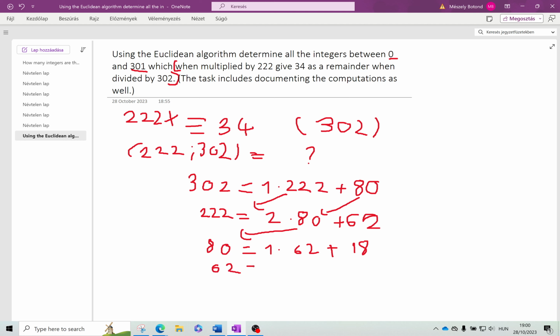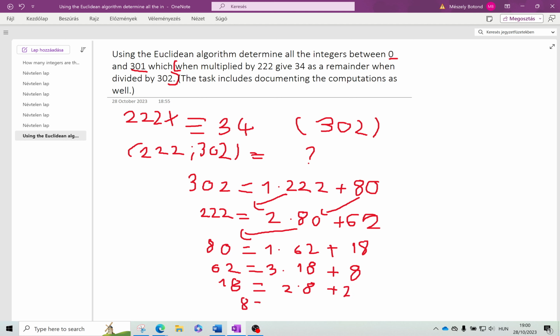Now 62 comes here, 18 comes here. It will be 3 because you can subtract 18 from 62 3 times. The remainder will be 8. Then 18 comes here, 8 comes here, it's 2. Remainder will be 2.